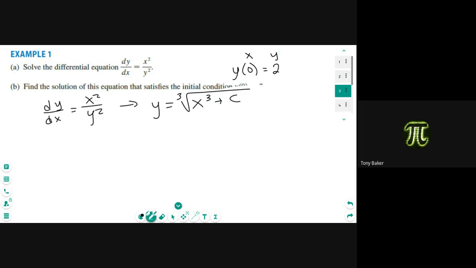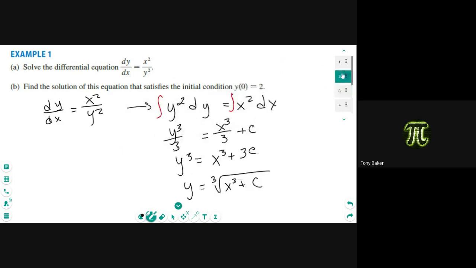So I can plug these in to find c. So 2 equals the cube root of c. So that means c equals what? 8. So, no, because remember, a constant is a constant, right? So hold on, I'll go back.